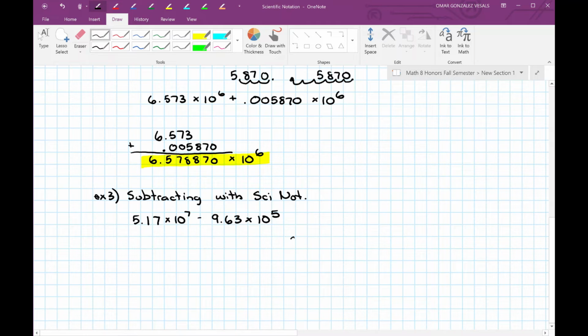Having trouble with it? Somebody want to help him out? If he wants to keep this one to the 5th, how many times should he move the decimal point? Twice? Which way? To the right. So he's going to go 1, 2. So you're going to move this twice. And what would that number be? 517. Yep.